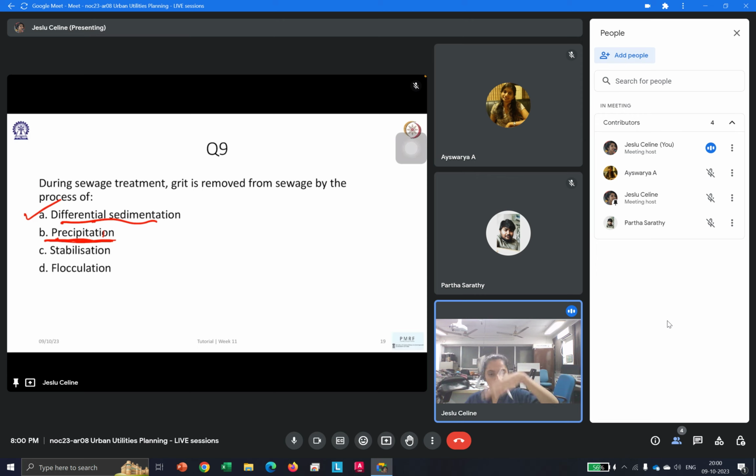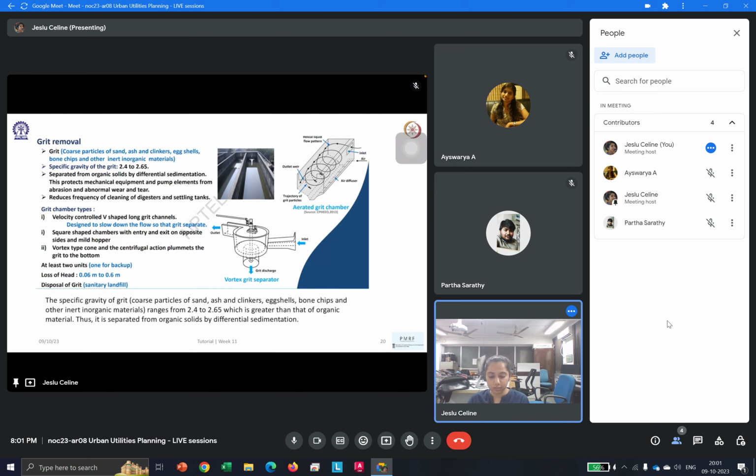Similarly, you have the reverse of that, which is precipitation, and through chemical methods you get it out, so you can get pure water. It's a treatment process. Then you've got stabilization, where you allow it to stabilize and then remove it. Then flocculation, which we discussed before, where you generate flocs using some chemical components. You're converting the element into a floc, and then removing the flocs out. This is what we discussed in the lecture.